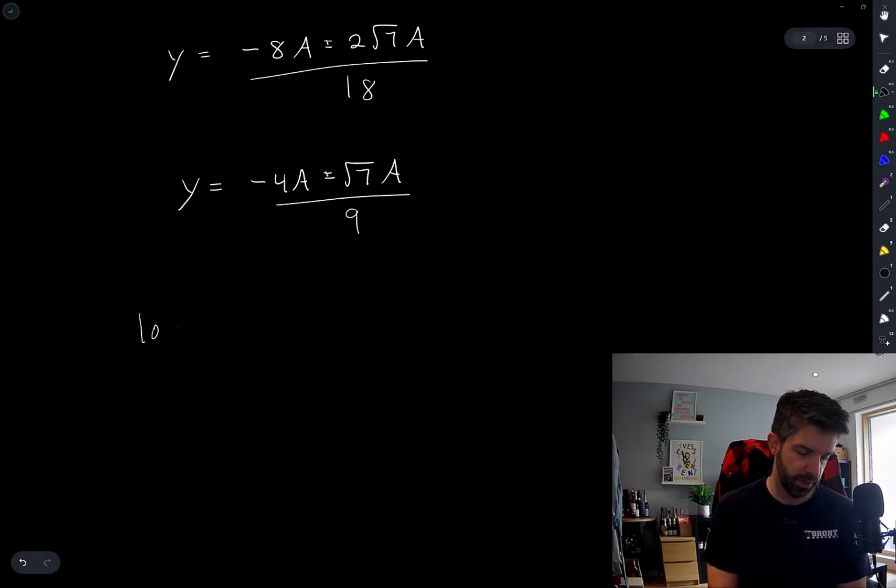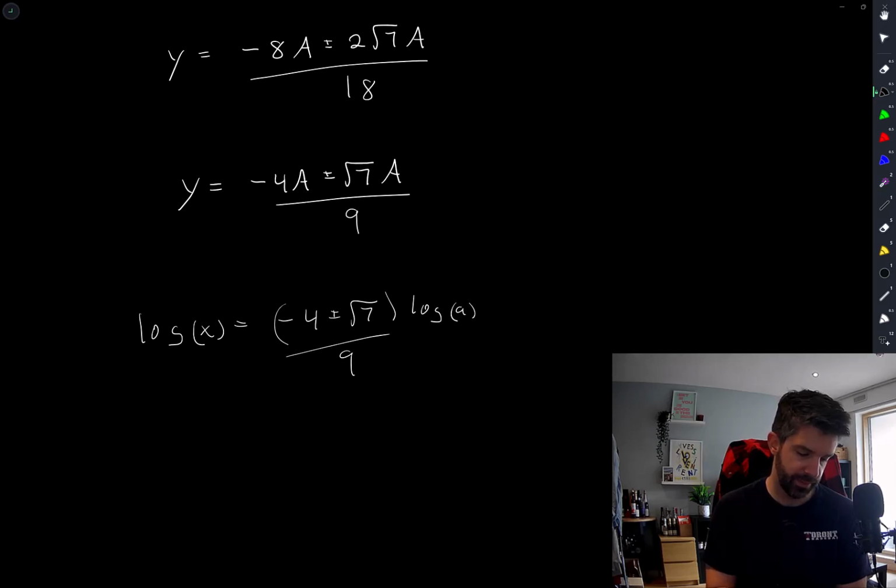So I have log of x is equal to -4 plus or minus root 7 times log of a, divided by 9.